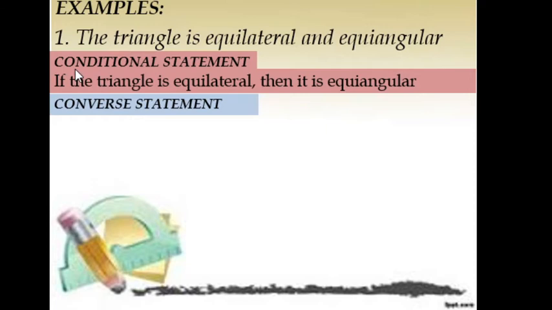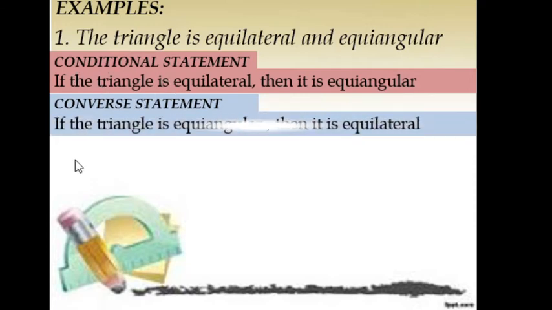So, dito, ang noun na ginamit natin is triangle. So, the converse statement, if the triangle is equiangular, then it is equilateral. Ulitin ko lamang na ang kailangan mauuna ay yung noun na triangle bago yung kanyang pronoun na it.